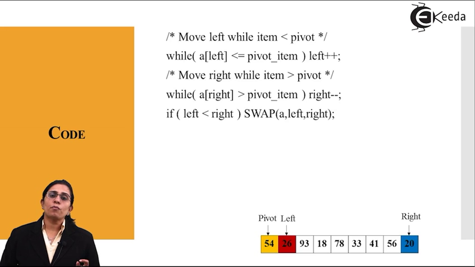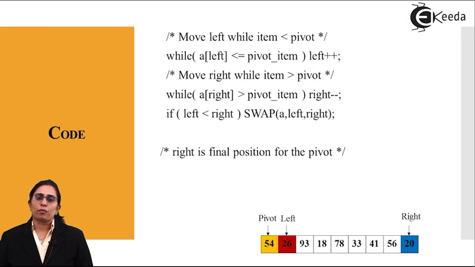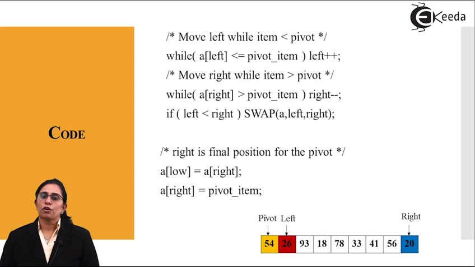This is a small procedure function for which the quicksort works. We will see in the example how the pivot element gets its final position. And when the right is at the final position for the pivot, what we do is A of low is equal to right and A of right is equal to pivot element. So here we return the value of right to the function from where the partition was called.